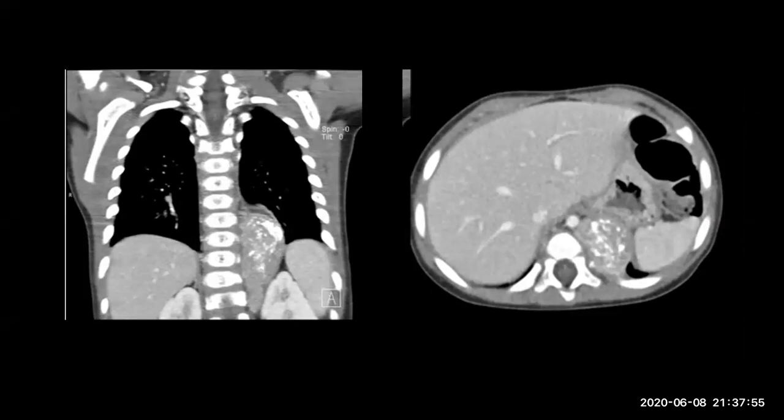Also, we want a description. Try to structure your answer step by step. What is this? What is the procedure? What is the finding? Describe the finding. We have discussed the differential diagnosis, and most probably we need the diagnosis. Right?